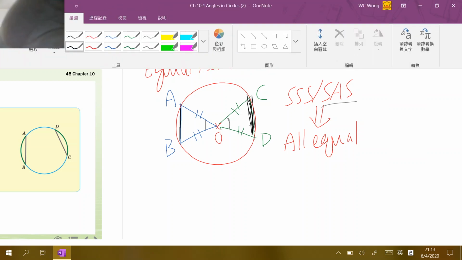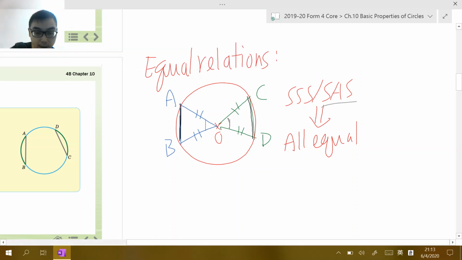I think I should draw it better. I draw two more strokes here. For example, this time I say CD here. If you have the two chords the same, then you can see it satisfies the condition of SSS, because all the sides become the same here.